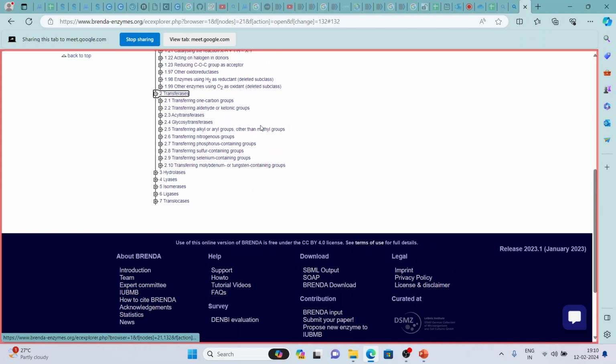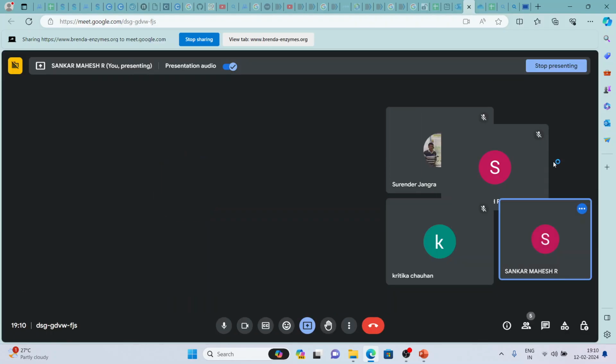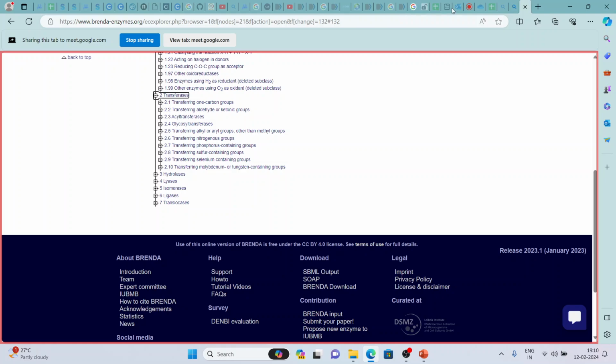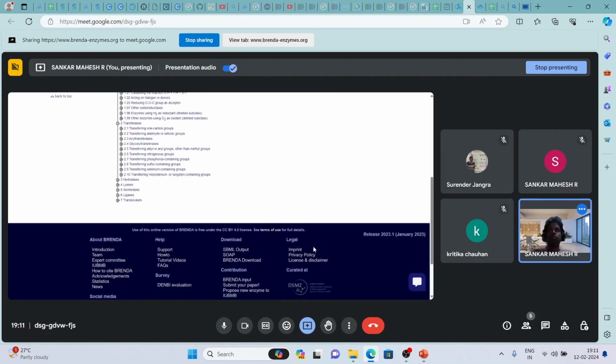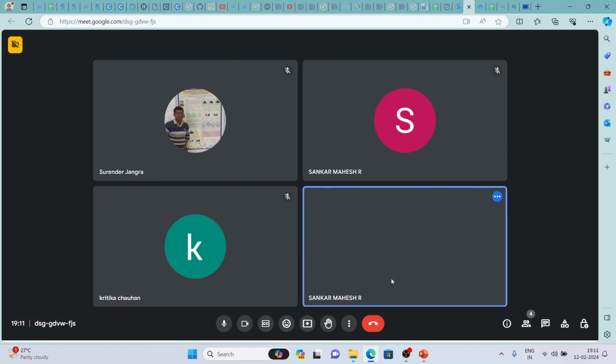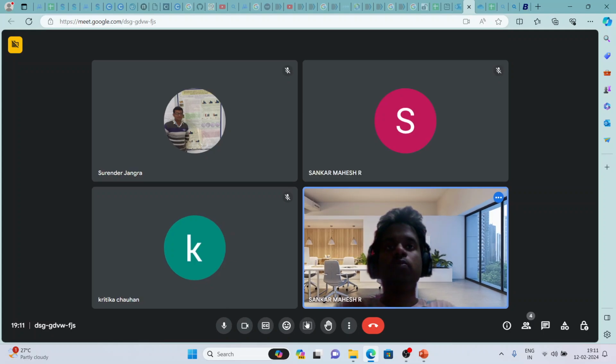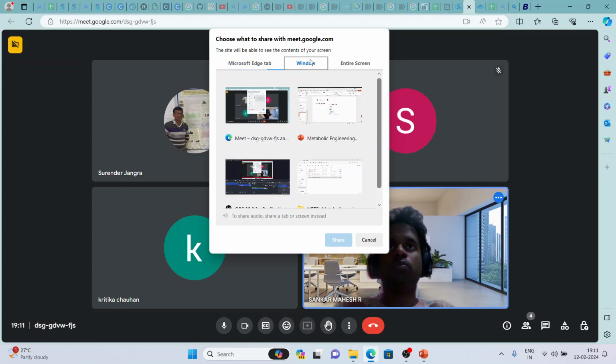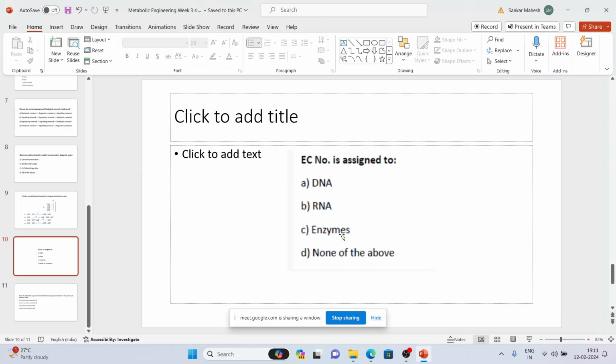So this is how they are being classified, and this is applicable only for enzymes. So the right answer is option C, enzymes.